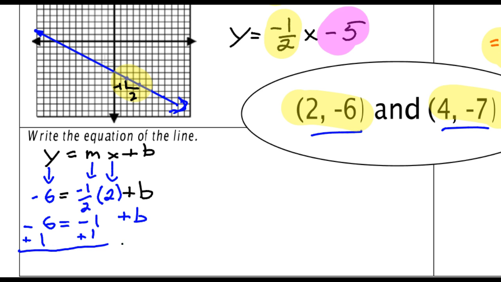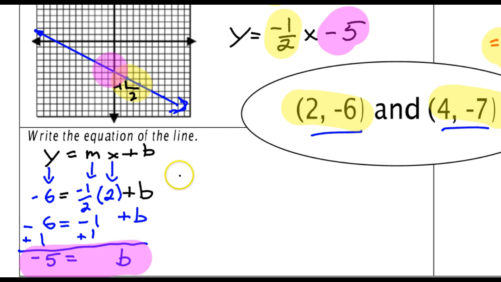And of course, no surprise here. -5 is b. Same thing, right? So whether we see it from the graph right here, the y-intercept, or we calculate it using slope-intercept form, we better get the same thing.